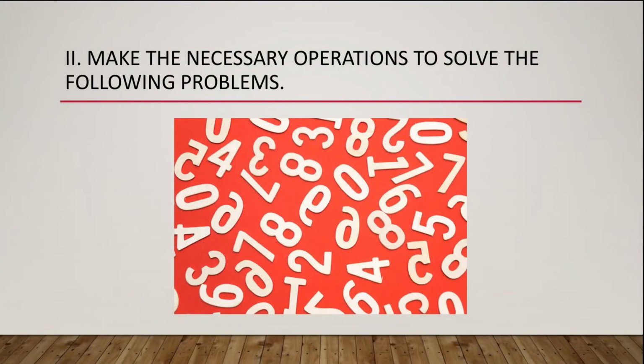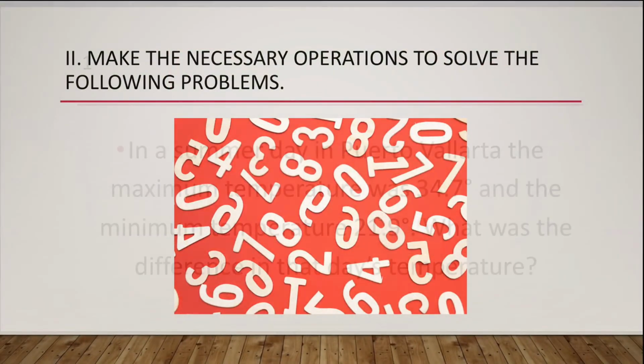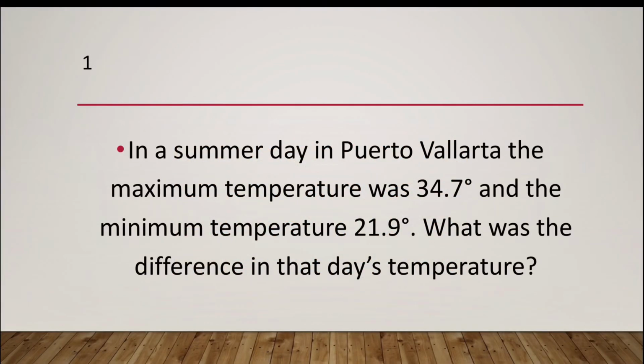Now make the necessary operations to solve the following problems. In a summer day in Puerto Vallarta, the maximum temperature was 34.7 degrees and the minimum temperature 21.9 degrees. What was the difference in that day's temperature?